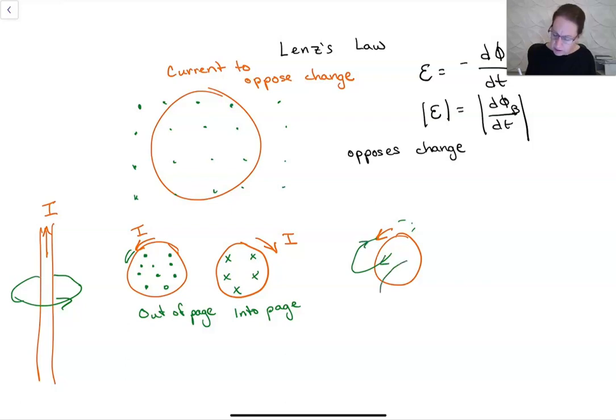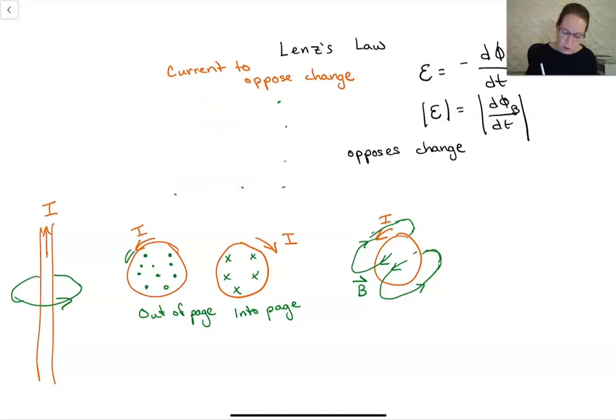So this is the magnetic field coming out of the page and then coming back in, okay? So if I have current going this way, this is my magnetic field.